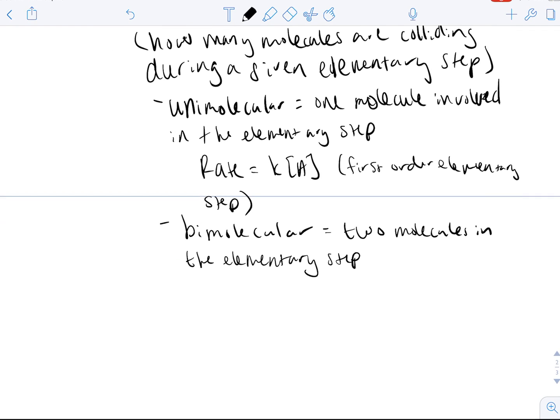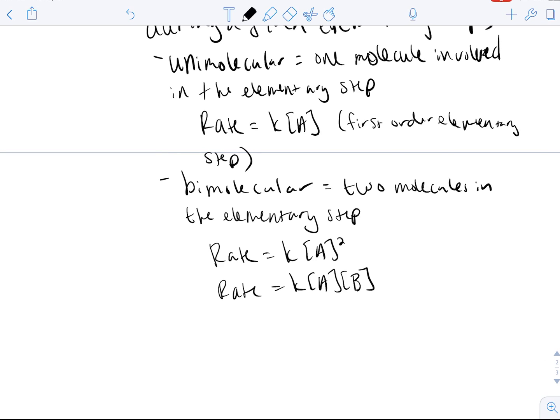So our rate would be equal to k[A] squared, or rate would be equal to k[A][B]. But in general, we'd still consider this to be a second order elementary step.